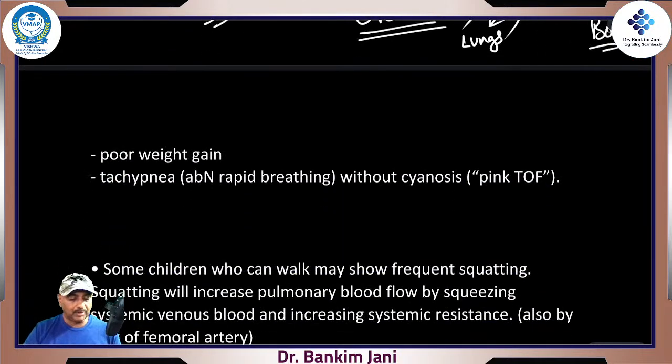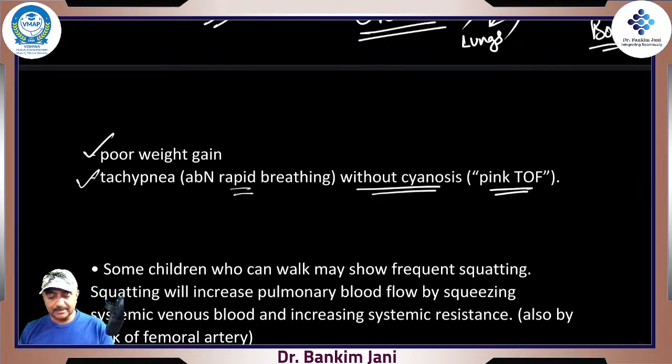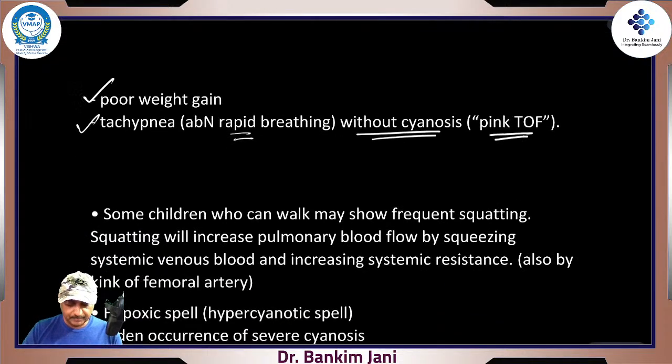So poor weight gain, right? Tachypnea, that is the abnormal rapid breathing. You'll find that these things are very similar to Eisenmenger complex, correct? And without cyanosis, initially, that is called pink TOF, pink Tetralogy of Fallot. The cyanosis has not yet developed, which develops at a later stage.